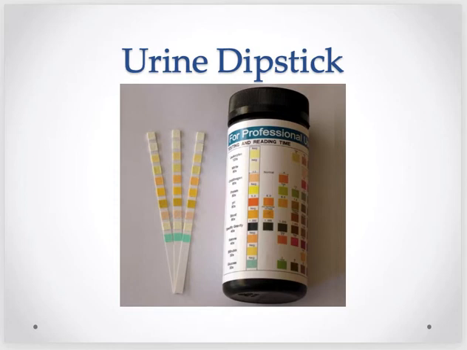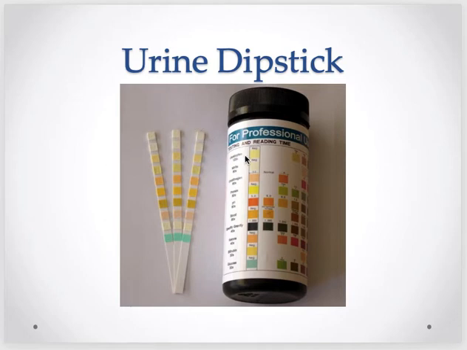So, I would like to talk first of all about the urine dipstick. As you can see in front of you, the urine dipstick is an office test which can be done in the offices, and GPs have this. The bottle looks like this, and there is a strip which has different colors on it.